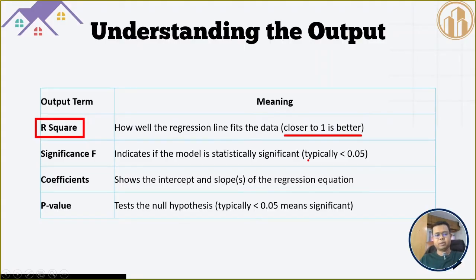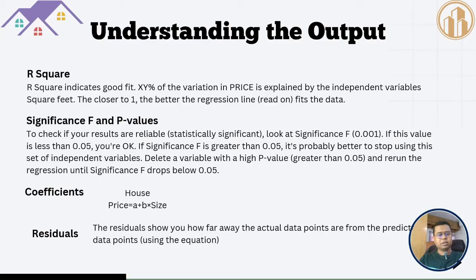At the same time, the p-value tests the null hypothesis, right? So based on the p-value, we will decide whether our hypothesis is accepted or rejected. So please see here, R square indicates a good fit. Say for example, 80% of the variance of price is explained by the independent variable, I mean square feet, the area of the house.